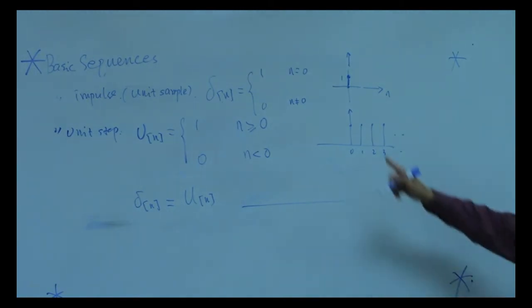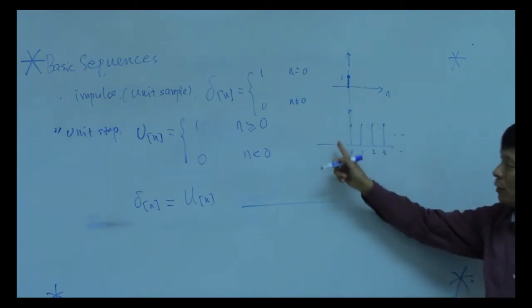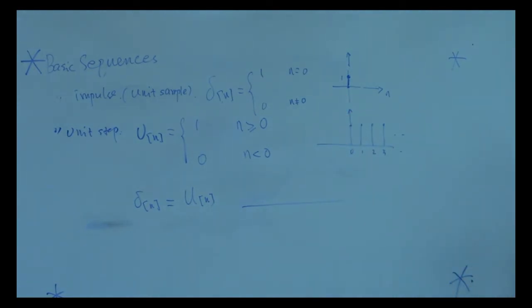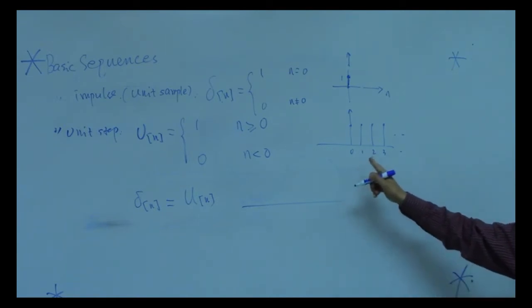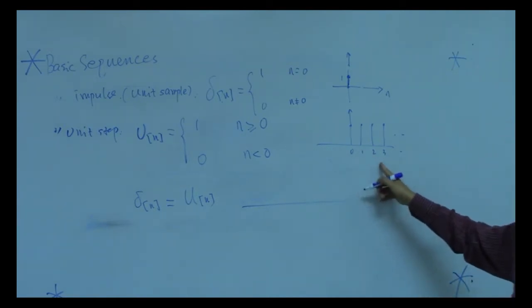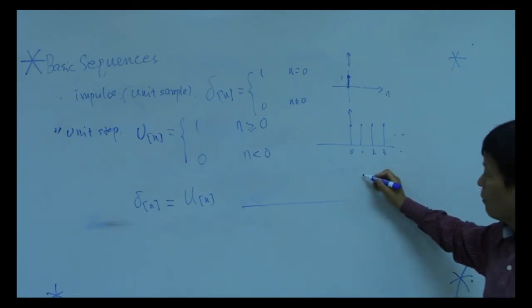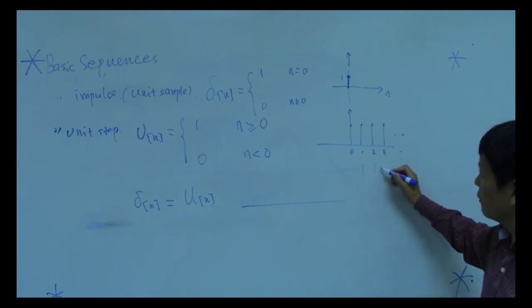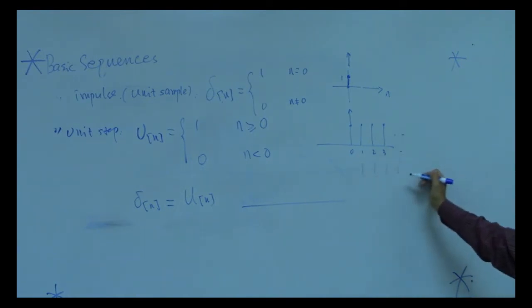How to obtain δ[n] from u[n]? Okay, we delay this by one time. What do we have? We delay by one time, we are going to have this one, this one, this one, and so on, right?